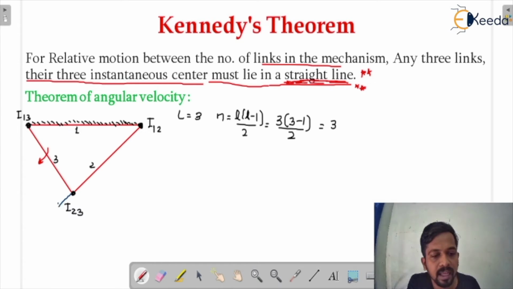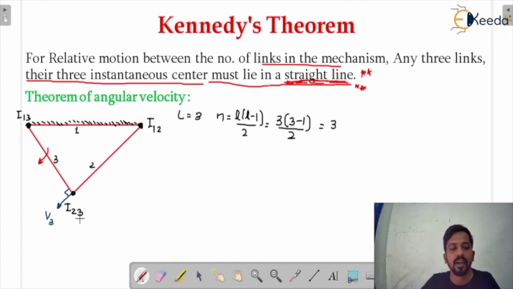That would be like that, because it would be perpendicular to that link. So this is V3. Now if I consider link 2, what would be the velocity for link 2? That would be in that direction, because it would be perpendicular to link 2.